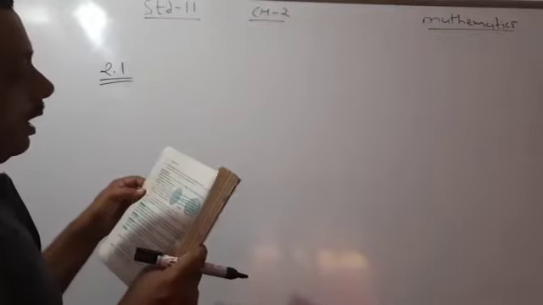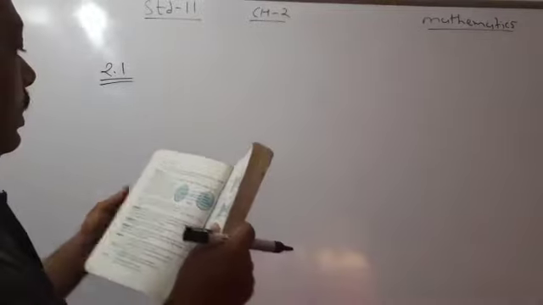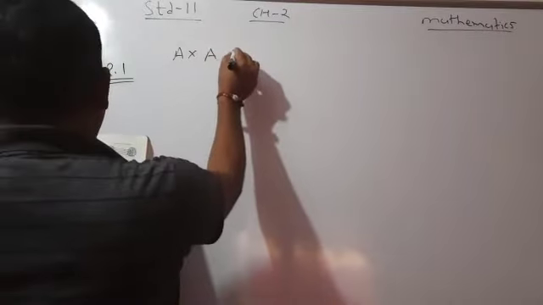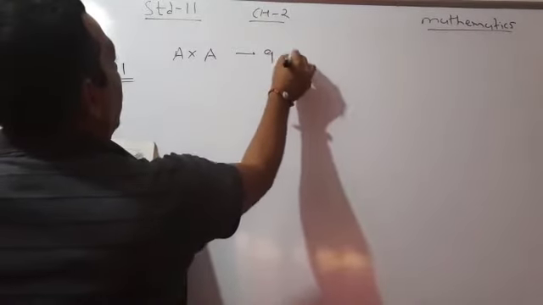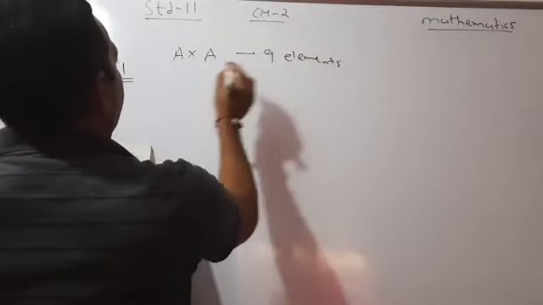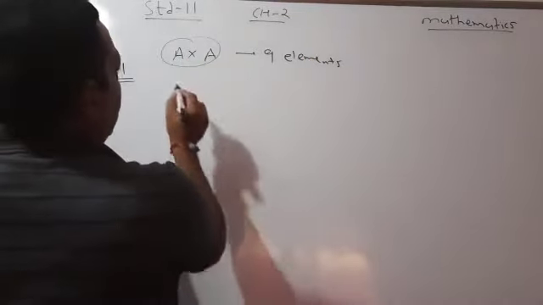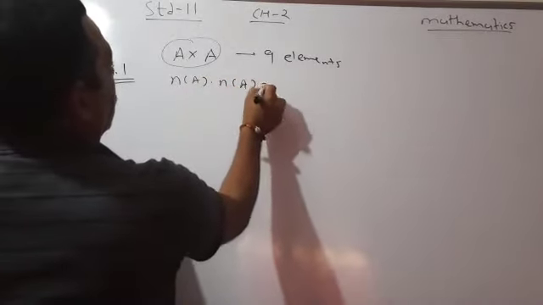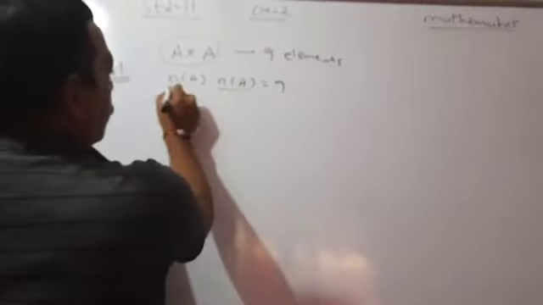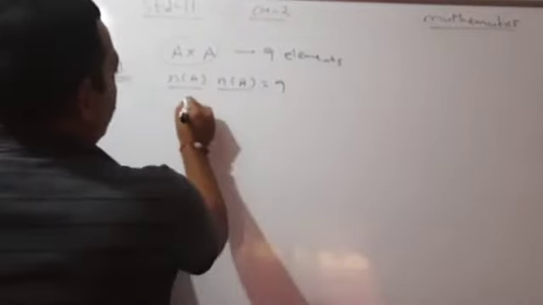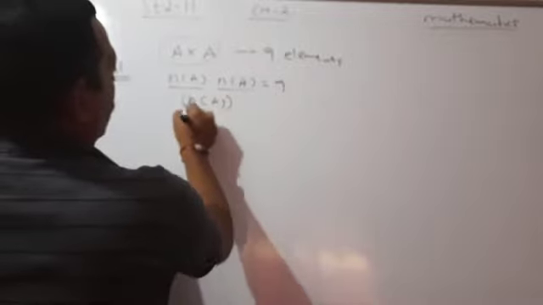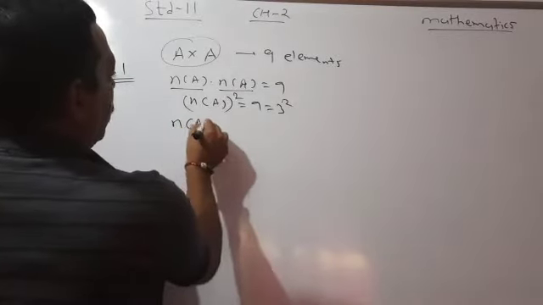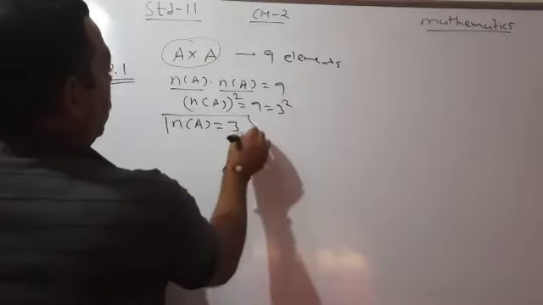Find the set A and the remaining elements of A cross A. Now, first of all, it is given that A cross A contains 9 elements. We know that A cross A contains 9 elements, so the number of elements in A into the number of elements in A is equal to 9. Definitely both sets contain an equal number of elements, so the number of elements in A whole squared is 9. But 9 is nothing but 3 squared. So we can say the number of elements present in A is only 3.